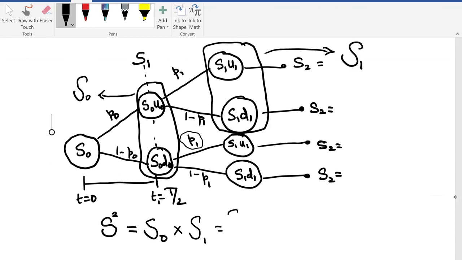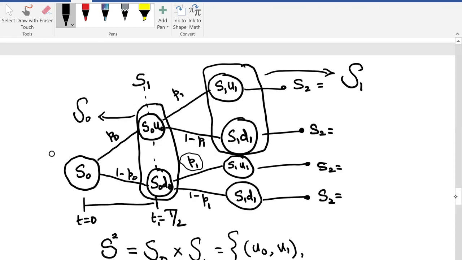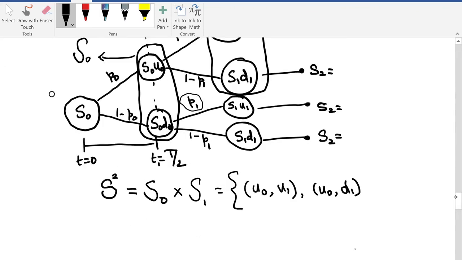So this is nothing but either you will go to U naught and then you will go to U1, that is one possibility, or you will go to U naught and then you go to D1, that is another possibility, or you go to D naught and then U1, or D naught and D1.